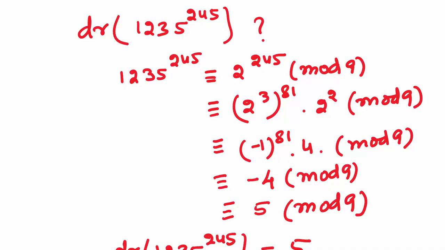You know that 1235 to the power 245 will be congruent to 2 to the power 245 mod 9, as the digital root of 1235 is nothing but 2. 245 can be written as 3 into 81 plus 2. If you find the residues, you will see it comes out to be congruent to 5 mod 9. So the digital root of this power will be 5.